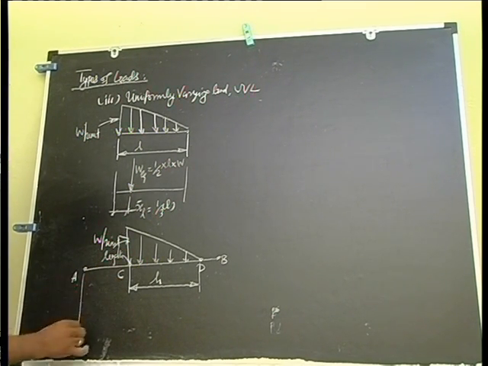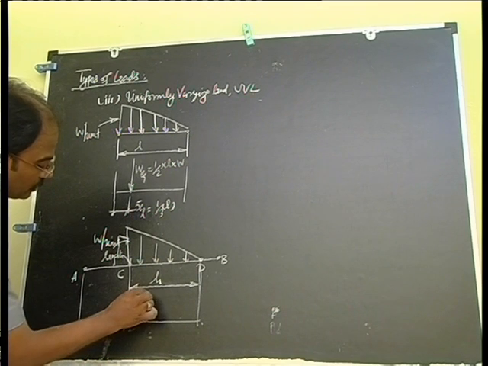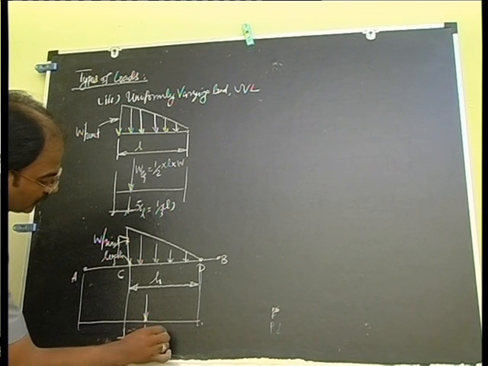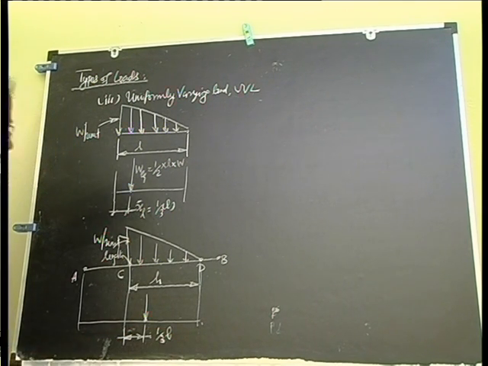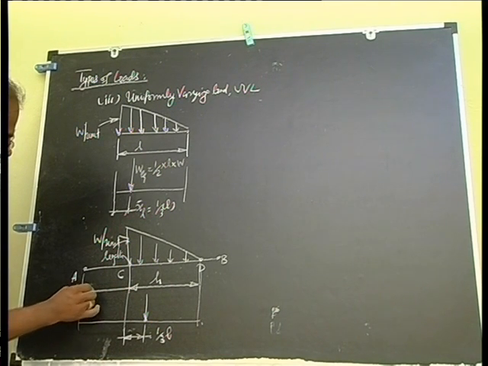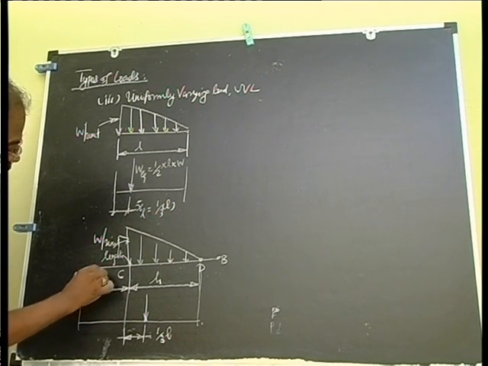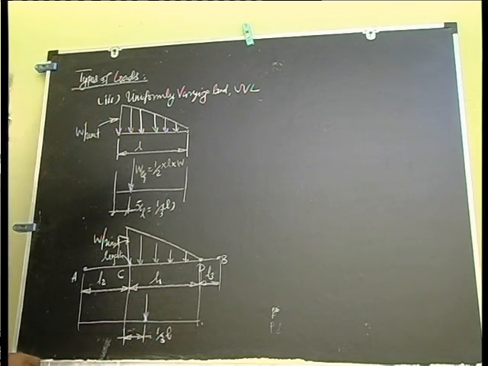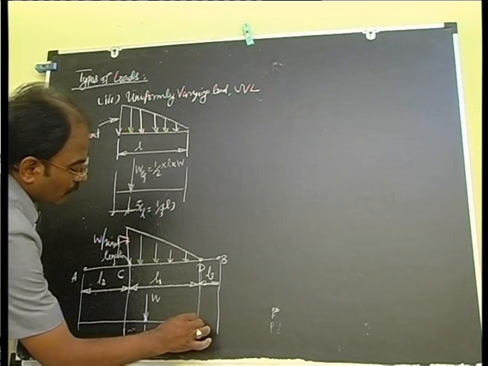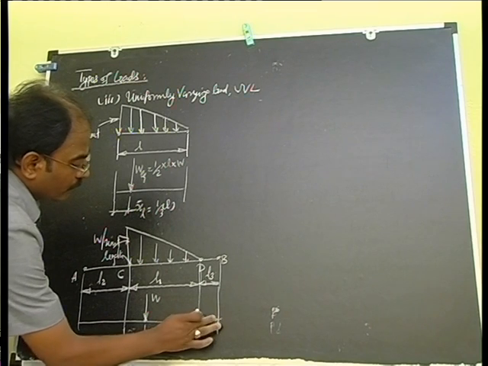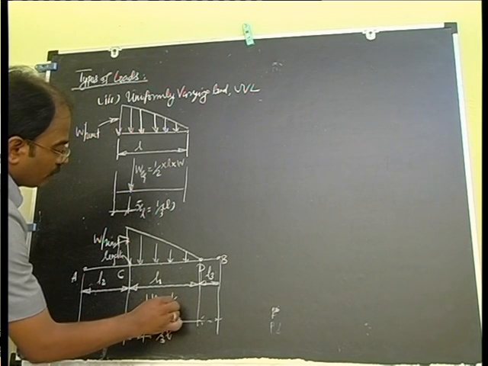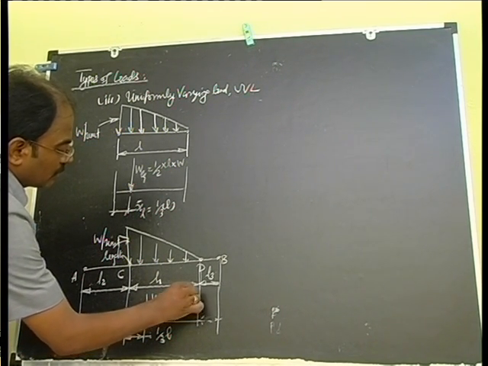So naturally, from this we get the centroid. This is nothing but 1/3 of L1 here in this case. This is L2. This is L3. The W equivalent has to be calculated as half into base into height.